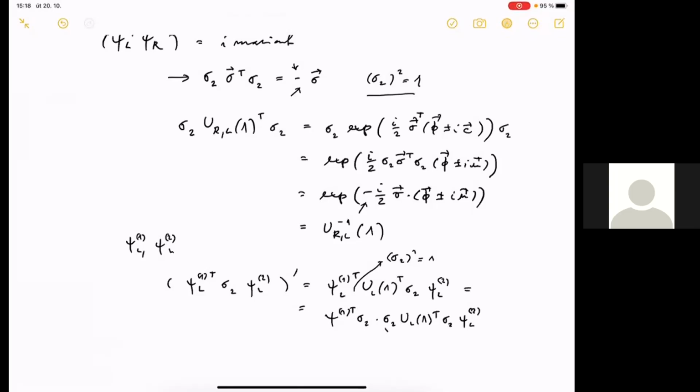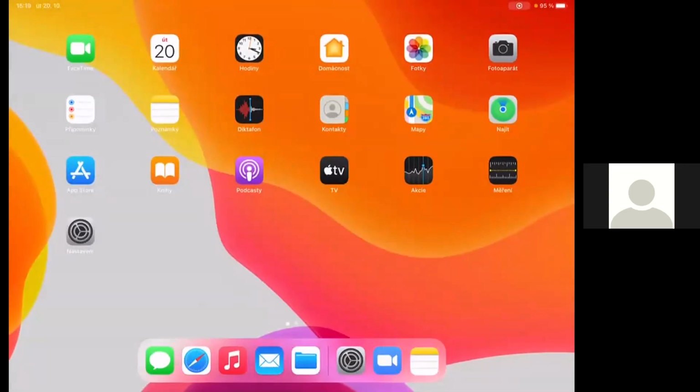And according to our previous derivation, this is just, sorry, I forgot, of course, to transform here also this left-handed spinor again. So this is nothing else but U_L inverse, and this is cancelled by this U_L. So we see that this is just the original expression, psi_1 transposed sigma 2 psi_2 left.